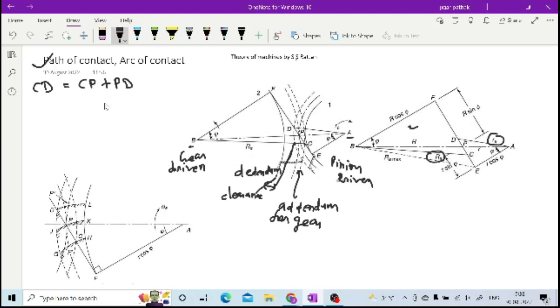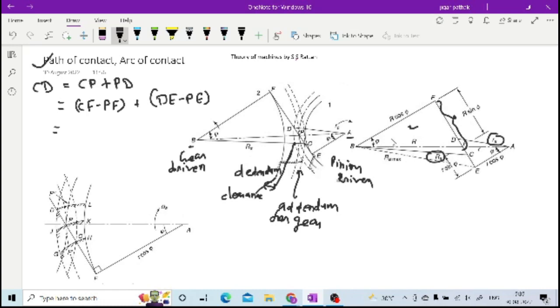Now if you find this CP and PD, then CP can be written as CF minus PF, and PD can be written as DE minus PE. So you have CF minus PF plus DE minus PE. Now CF, how will you find CF? Here this distance is CF.